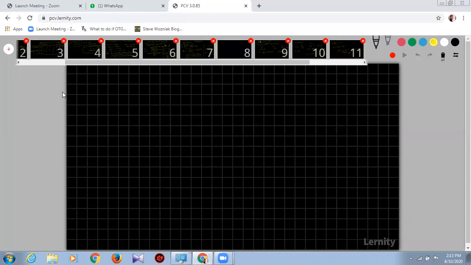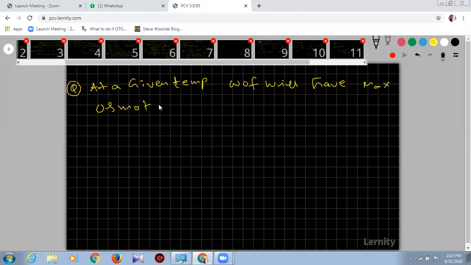At a given temperature, which of the following will have maximum osmotic pressure?